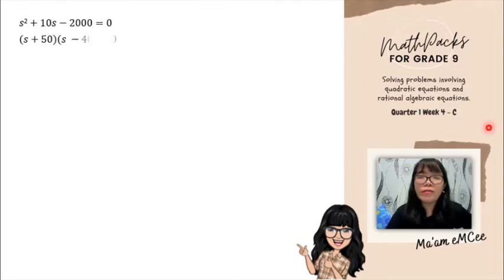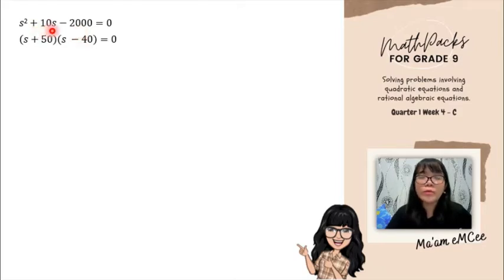So our factors are S plus 50 times S minus 40, and that would be equal to 0. So for S squared, we factor S and then S. And then as for this one, the product is negative 2000, the sum is 10.